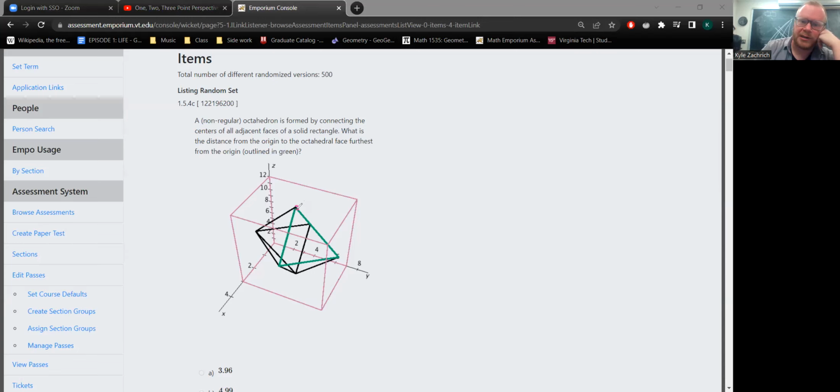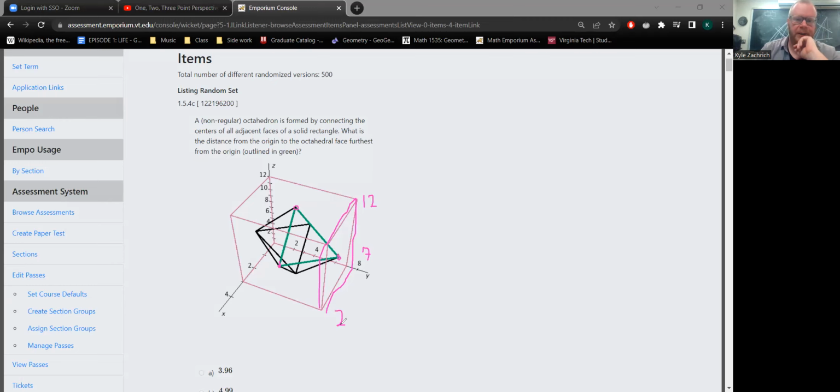And when they say at the center of each of those faces, we know, for example, that this face right here goes out to 2, and this is going out to 7 and goes up to 12.